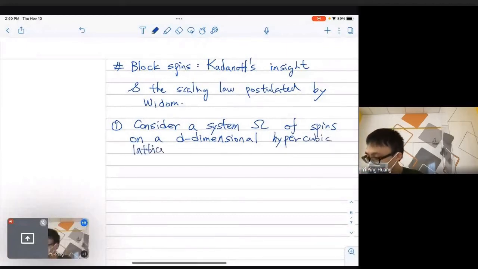Hypercubic just means that it is a generalization of the cubic lattice in d dimensions. To be more precise, it is a hypercubic lattice with spacing a.